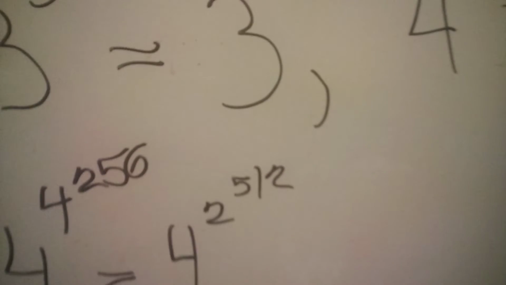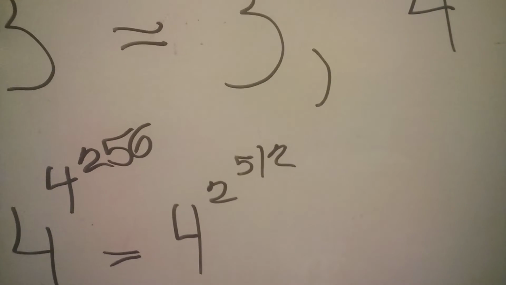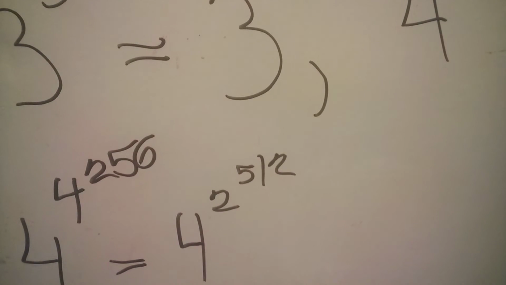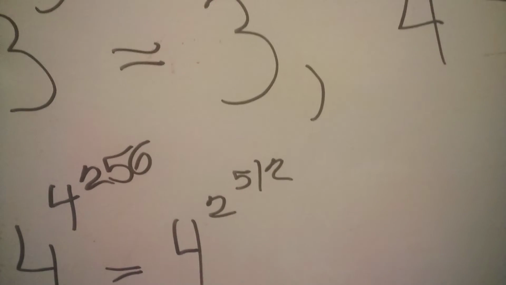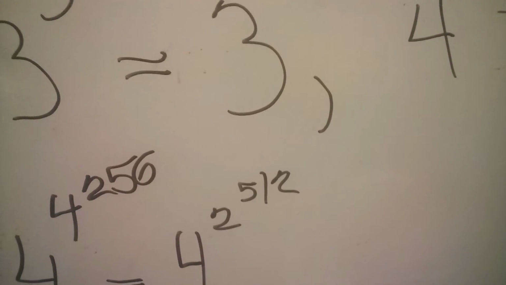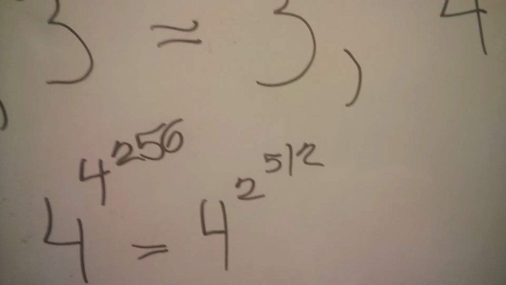Now, 2 to the 512th power is a number that's larger than 1 followed by 153 zeros. So that's a pretty big number itself. And that's the number that's the exponent to the base, the final 4, which would be a challenge to calculate.